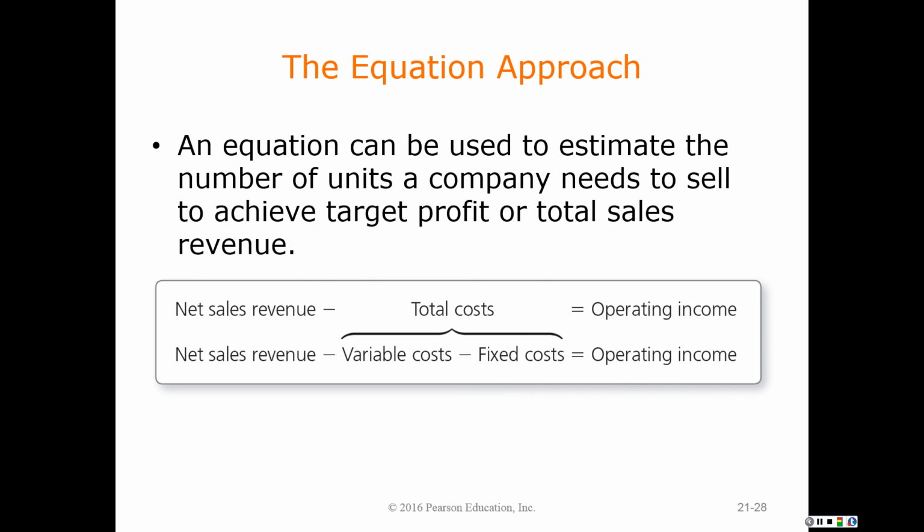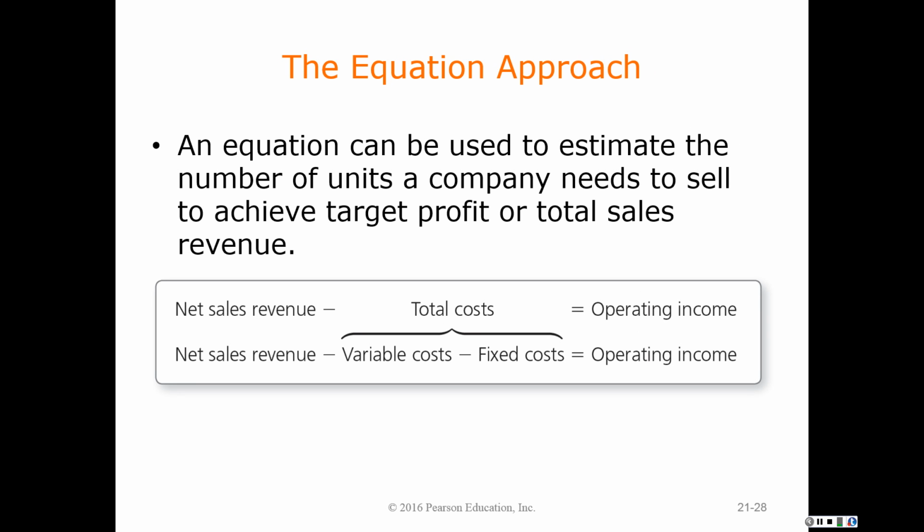The first is probably the most simplistic, but can be the longest to calculate. We know that if we want to estimate profit, we have to estimate the number of units that a company needs to sell to get to that profit. So it is simply sales less our total cost equals whatever operating income we're trying to generate.